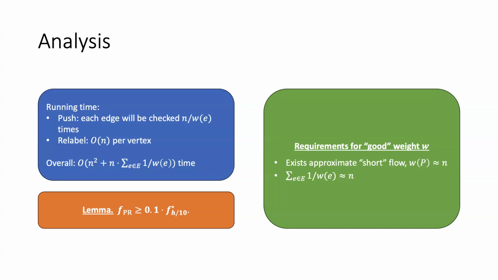The first condition says that there must exist some approximate flow such that each path is short, having weight roughly n with respect to our weight function. By our lemma, this ensures that the push-relabel algorithm will find a good approximate flow. And for efficiency, we will need the sum of the inverses of the weights to also be roughly n. Plugging this back into our running time analysis, this will give an n squared algorithm. So this will be our goal: to construct such a good weight function.